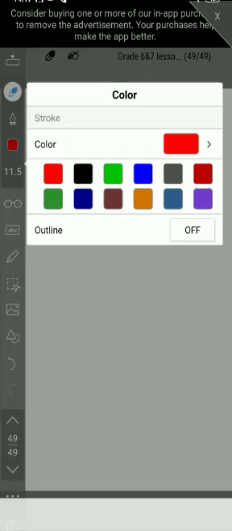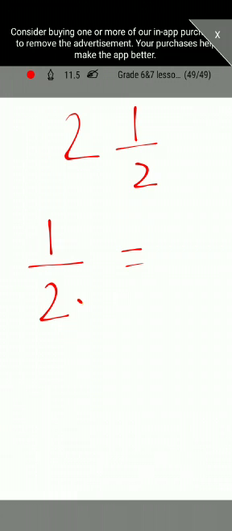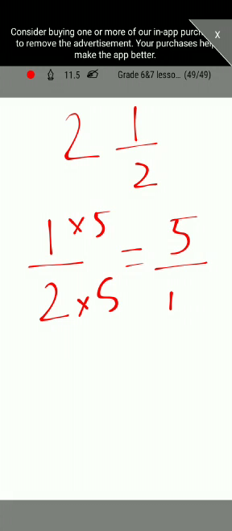You have 2 whole 1 upon 2. First of all, you're going to write 1 upon 2 as a decimal. You convert this 2 into an equivalent fraction, make it 10. We can make it 10 by multiplying by 5. So 1 5s are 5 and 2 5s are 10.